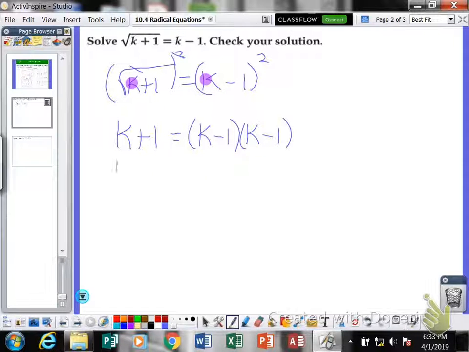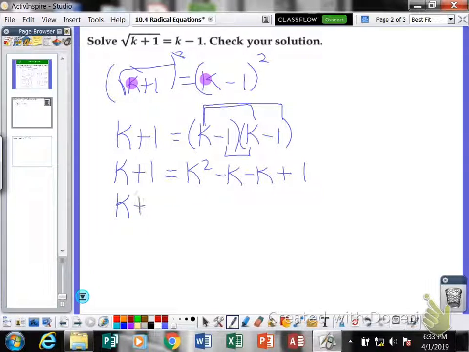Then I get k plus 1 equals, using FOIL, the first is k squared, the outside is negative k, the inside is negative k, and the last is plus 1. So then I have k plus 1 equals k squared. Combine my like terms, so combine those two, and I get negative 2k plus 1.